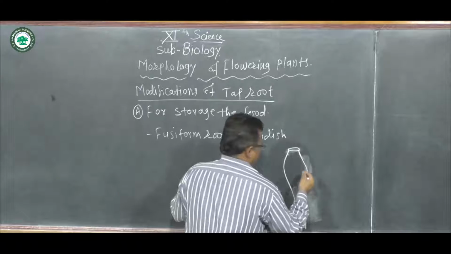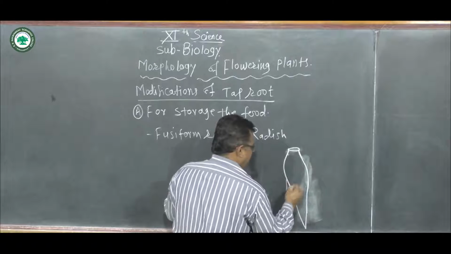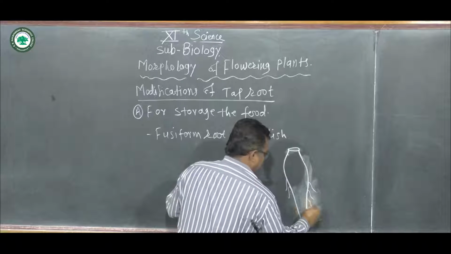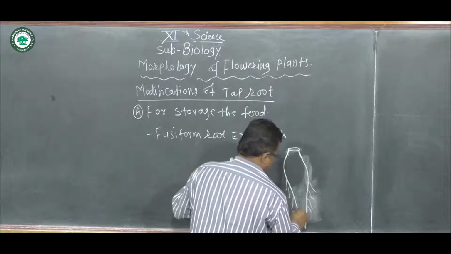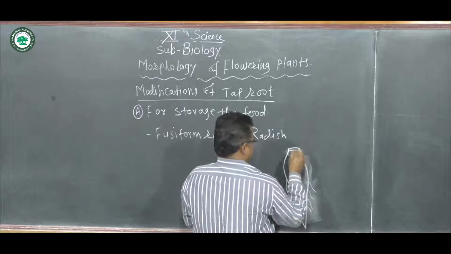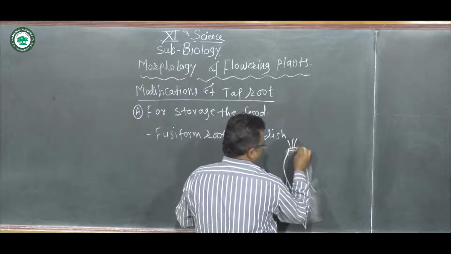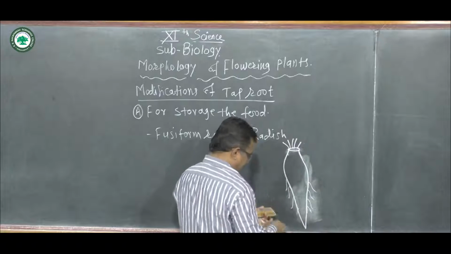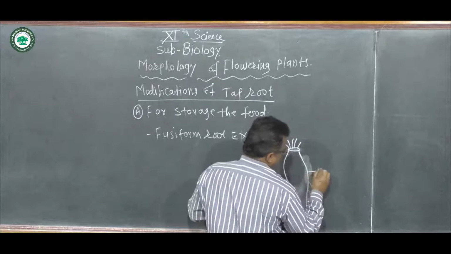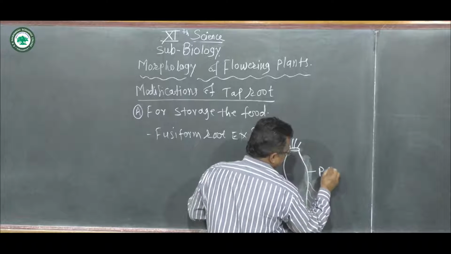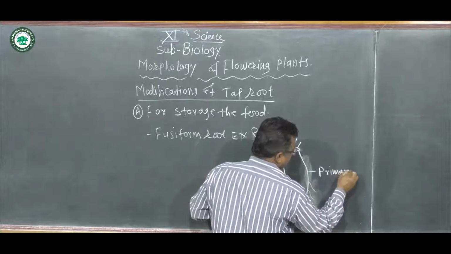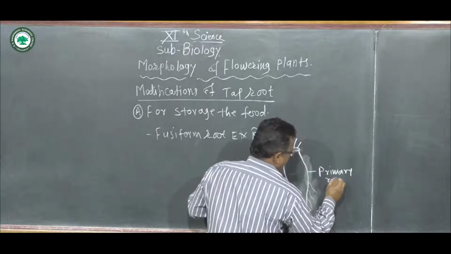The main root or primary root, on which the secondary roots grow. Leaves are reduced, radical type.